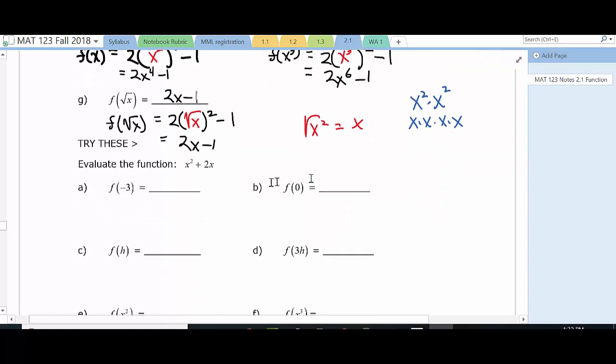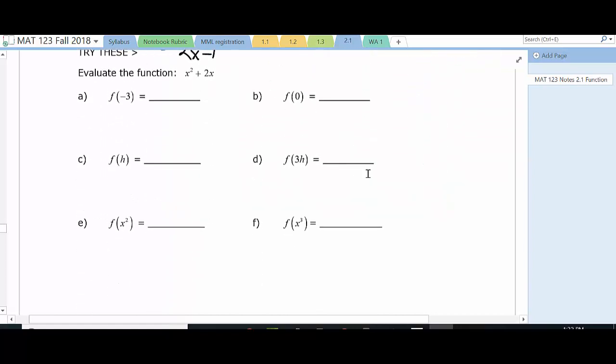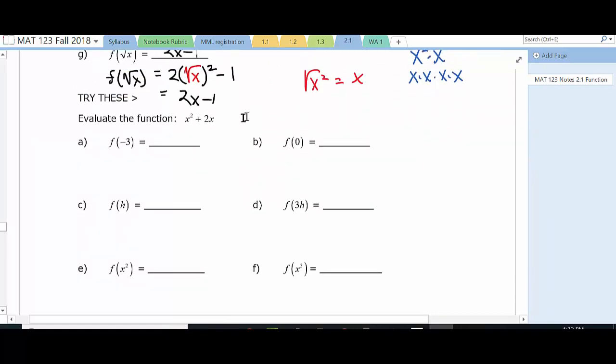I'm going to give you a little bit of time to take this function, and this really should have said f of x equals x squared plus 2x. Just do the next 6 and see if you can run through what I just did. And then we're going to get into the difference quotient.